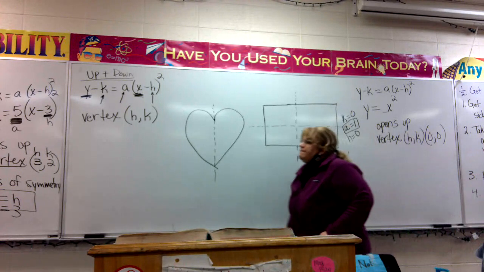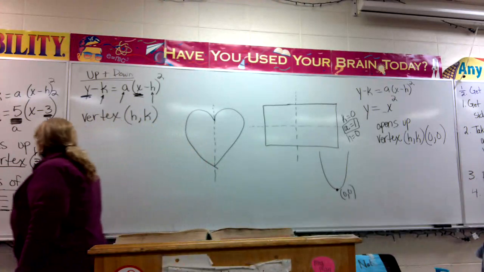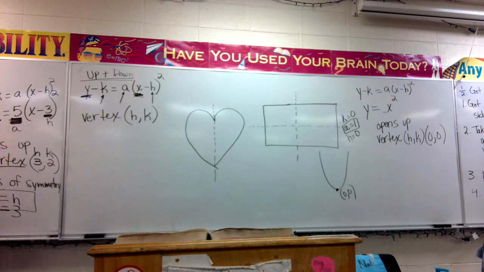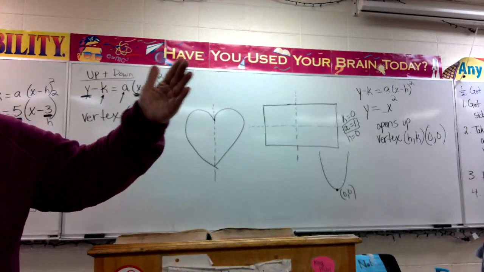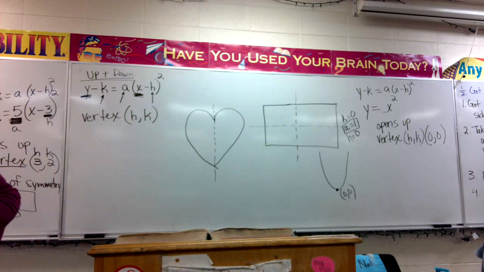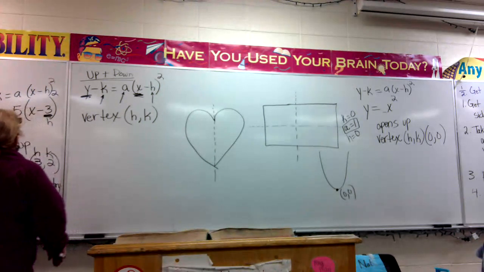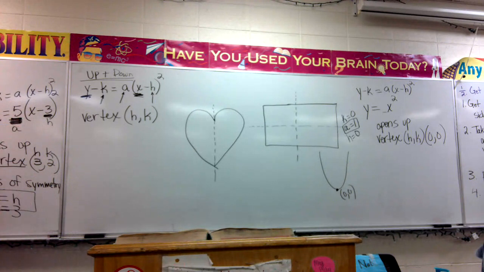One other thing about the A value. Not only does it tell you which way it opens, but the A value has to do with how wide the parabola is. And it's exactly opposite of what you would think. As this A value gets bigger, the parabola gets narrower. So a big A value means you have a narrow parabola.